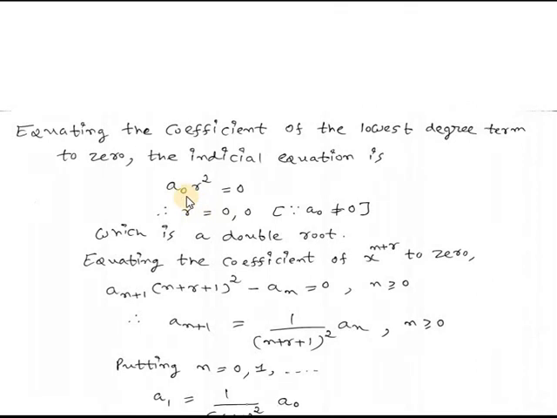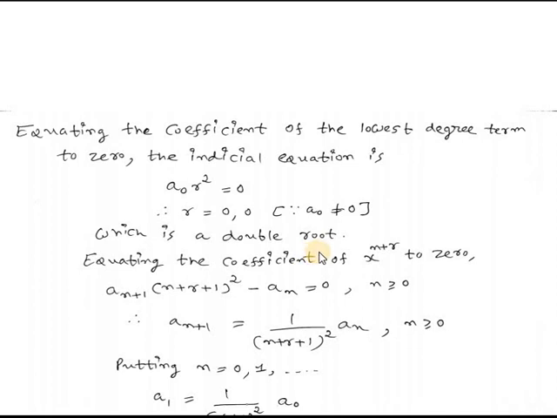So a0 r square is equal to 0, therefore r is equal to 0, 0, because a0 cannot be 0. So here this is a repeated root, which is a double root. So how to find the solution for that, we are discussing in this example. So this is an example of case 2.